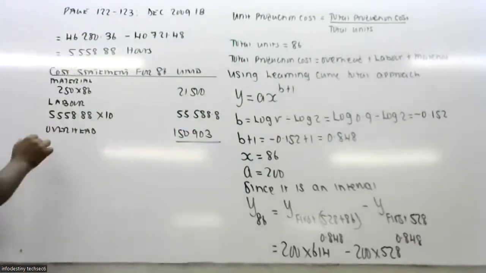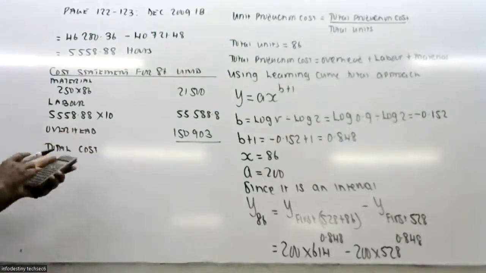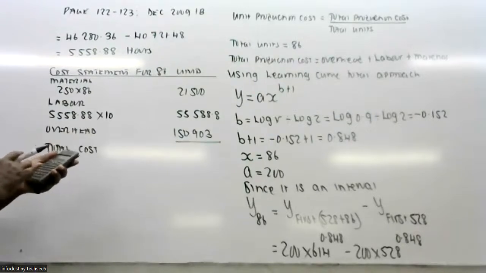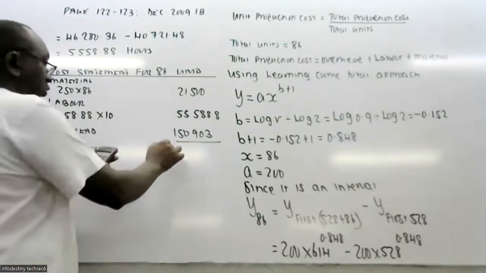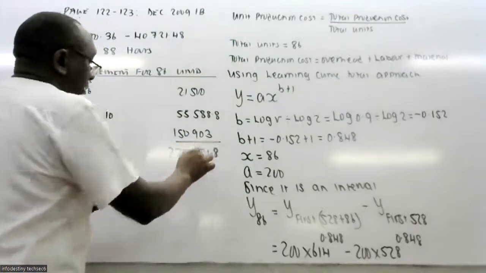So you add these and get the total cost. If I add 21,500 plus 55,588.8 plus 150,903, I'm getting 227,991.8.